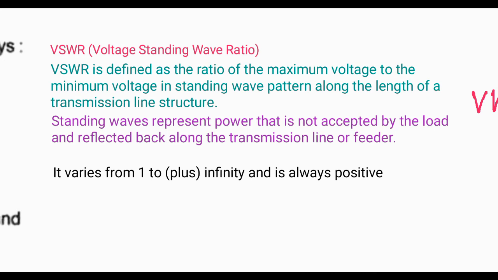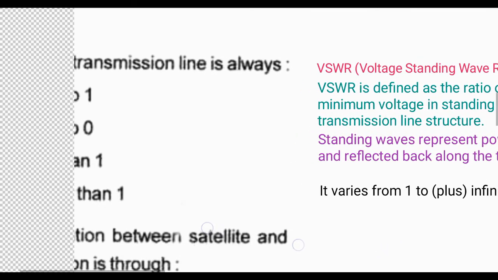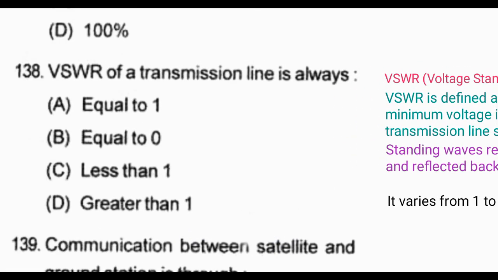Standing waves represent the power that is not accepted by the load and is reflected back along the transmission line or the feeder, and it varies from 1 to infinity. So VSWR of a transmission line is always greater than 1.